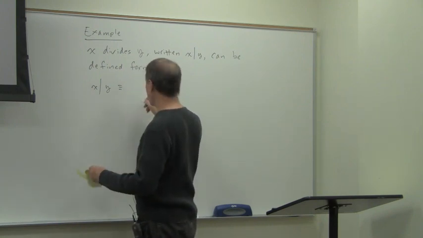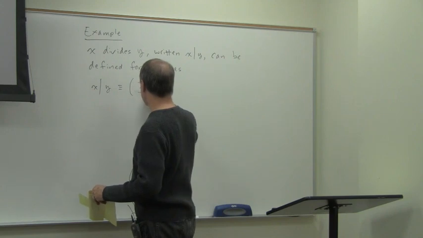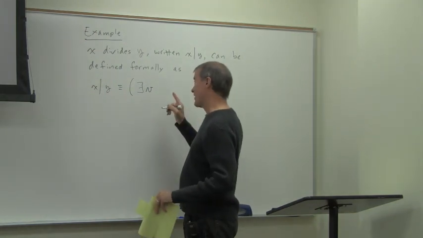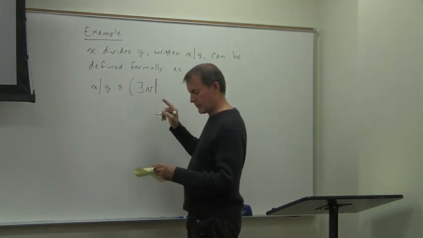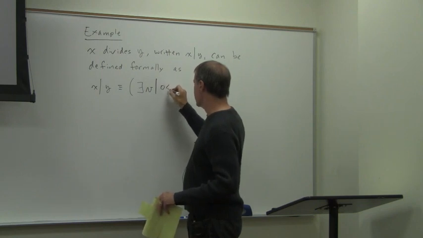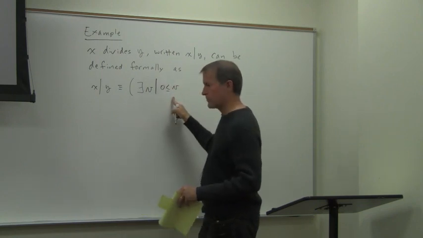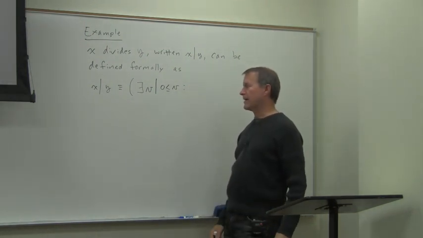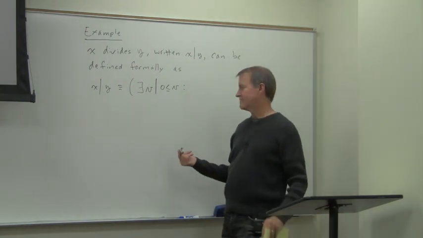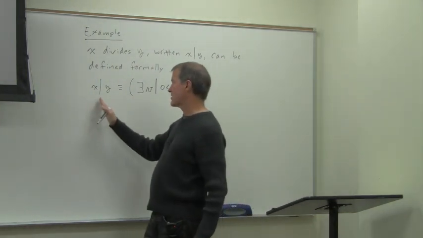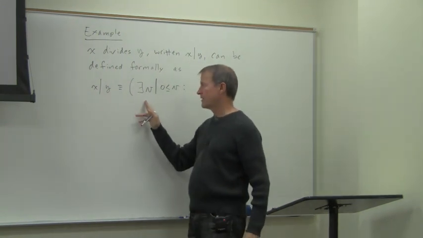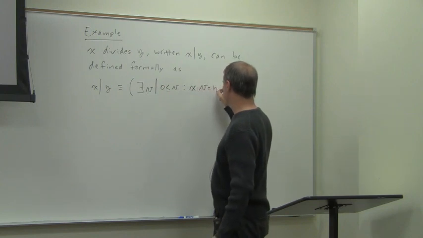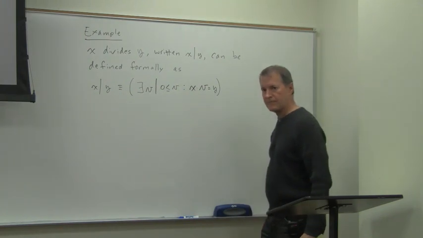6 divides 24 because 4 exists. There exists, and we'll use the symbol V for the dummy variable. Now here's the thing, this is slightly different: we're going to insist that V is greater than or equal to 0, such that X times V equals Y. Are you with me?